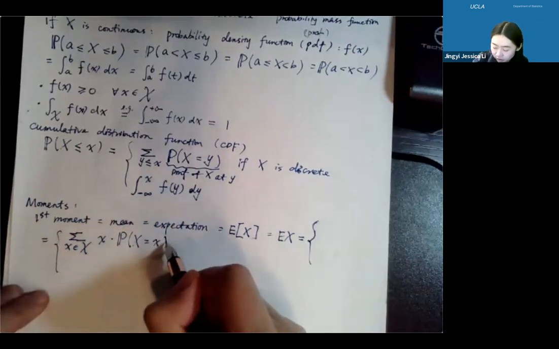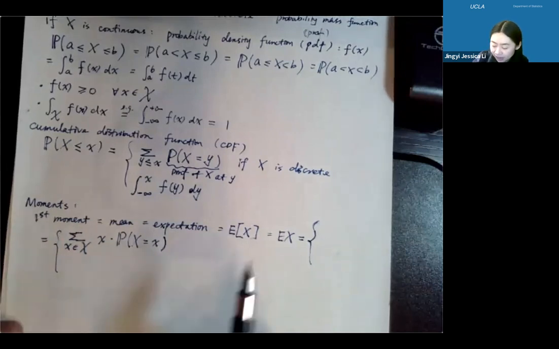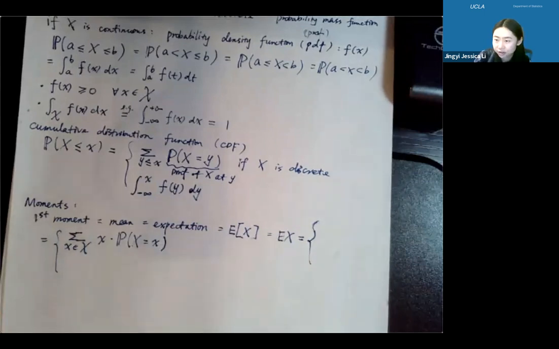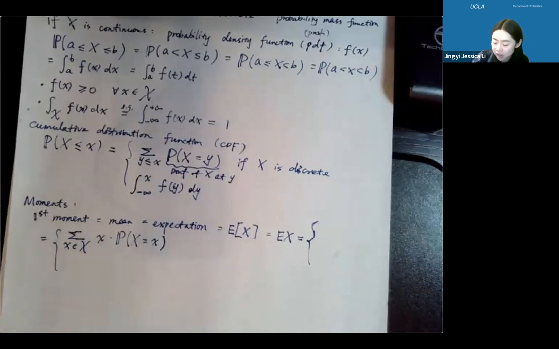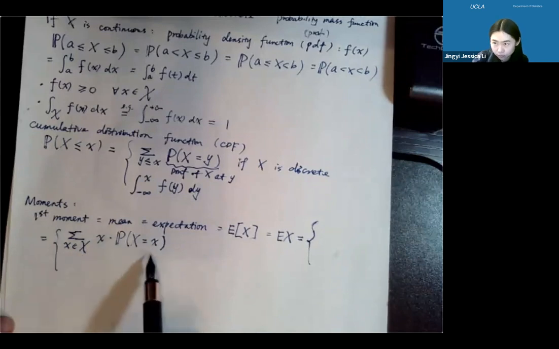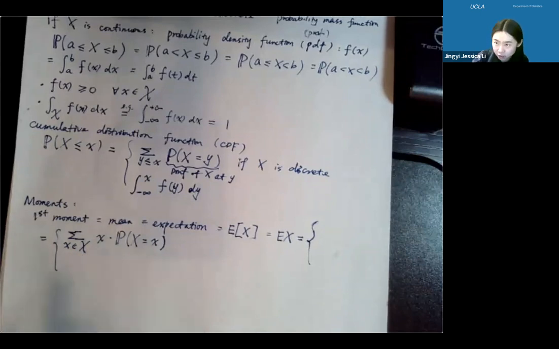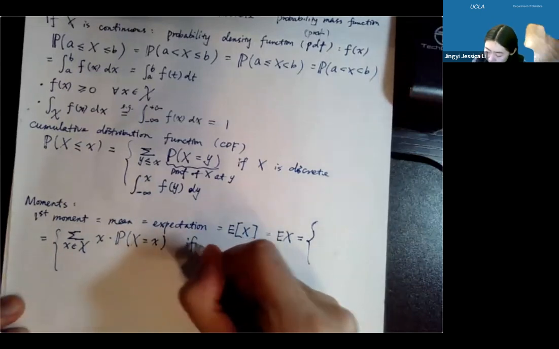You can imagine if all the probabilities are equal, that means we are under the uniform distribution, then the expectation is just the average of all possible values. But if the values are not taken at equal probabilities, we need to weigh each value by the corresponding probability. And that's the intuition behind this expectation for me. So if it's discrete, we do this.